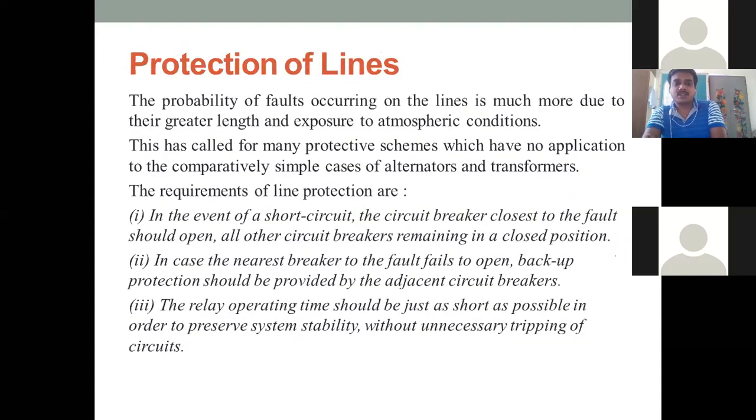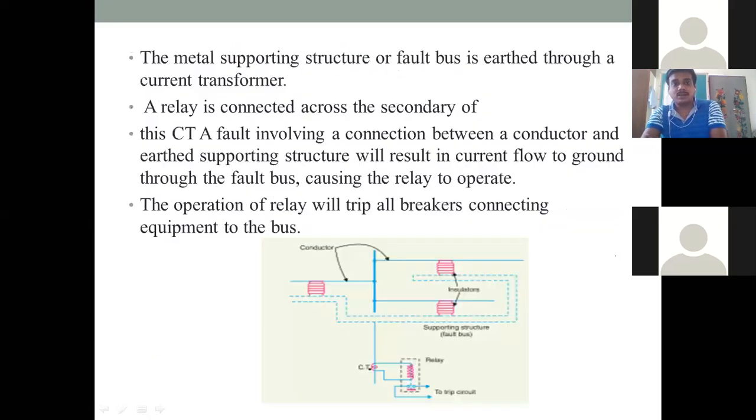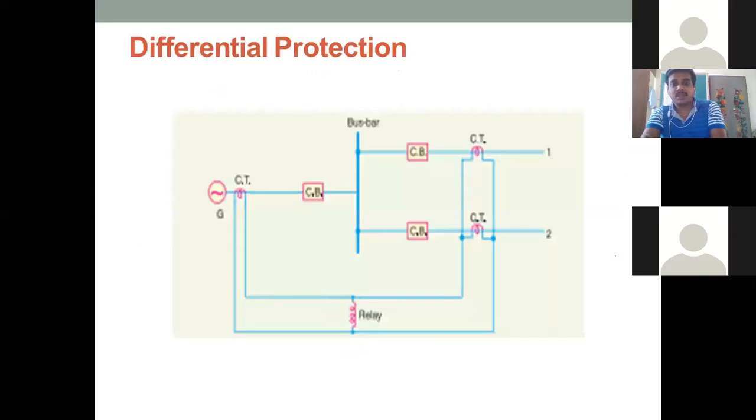In the event of a short circuit, the circuit breaker closest to the fault should open and all other circuit breakers remain in the closed position. If the nearest breaker to the fault fails to open, the next backup protection will operate. Another thing is the relay operating time. For example, if the breaker on this feeder side operates in 2 seconds, you can take the other circuit breaker with a time of 3 seconds.